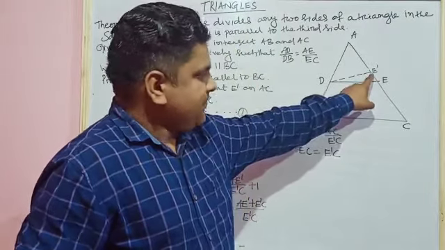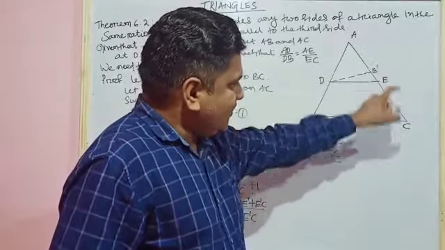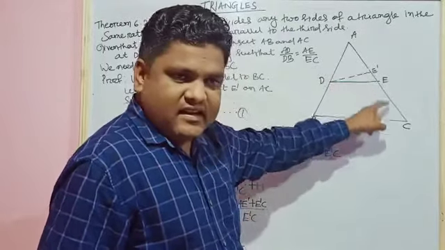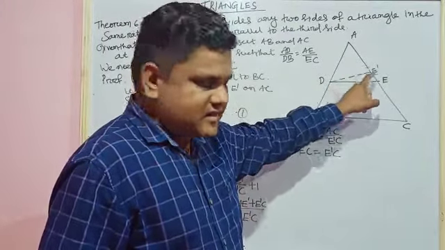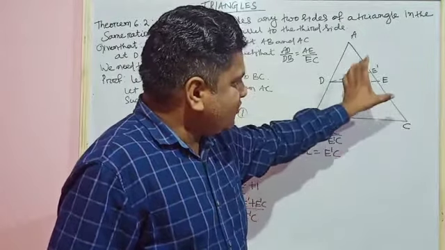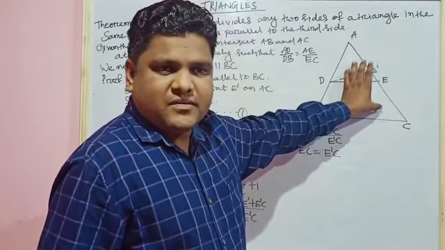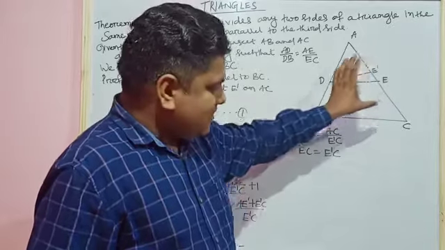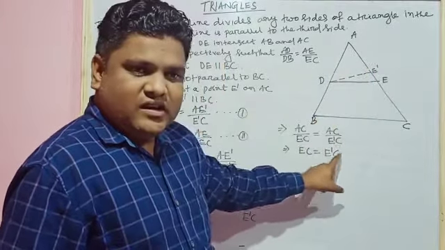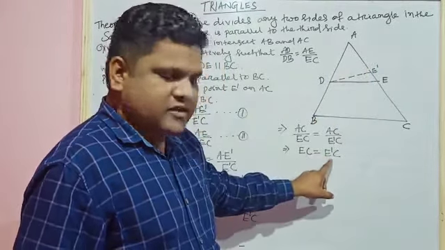We got this. And on the same line and in the same direction, the distances from one point to two other points can never be equal. So this is possible only when E and E dash coincide.